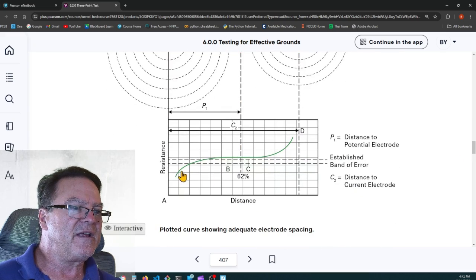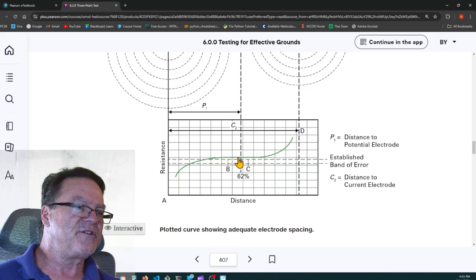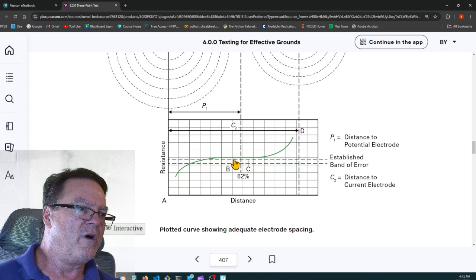what's happening is it's giving you a certain amount of current flow as you're moving, as you're increasing the potential, the voltage. And then at some point, this curve flattens out, and then it starts to again climb. And that's as you're moving this middle probe in the soil, and it gives you this kind of a graph.